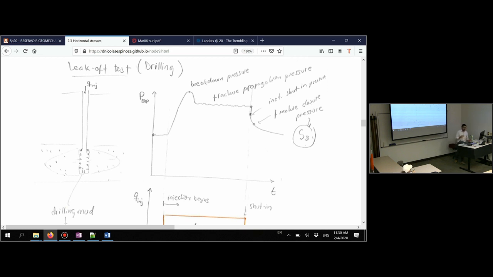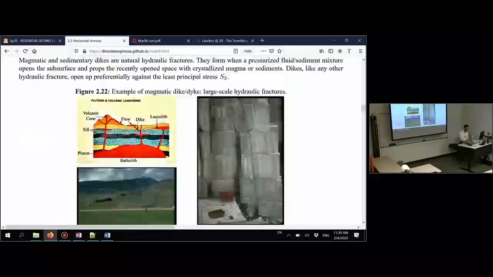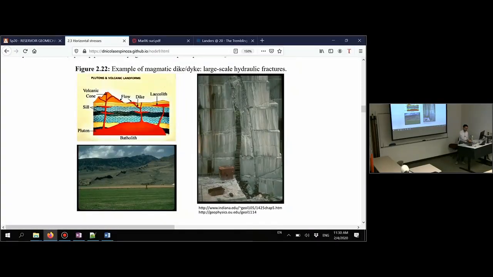Okay, and I wanted to talk about that specifically today. So let me just hang a little bit in there about what is going to be the orientation of a hydraulic fracture. Hopefully by now you more or less have an idea. So we answered what will be the minimum pressure for the hydraulic fracture.